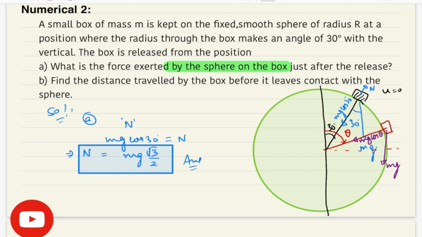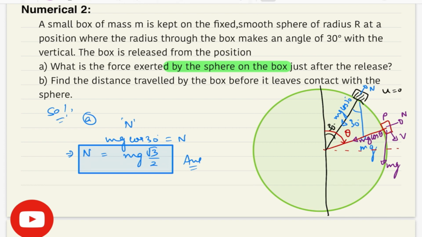Normal will act in this direction and it's moving with some velocity v. But at point P, the box leaves contact with the sphere. It means that the normal reaction at point P becomes 0.